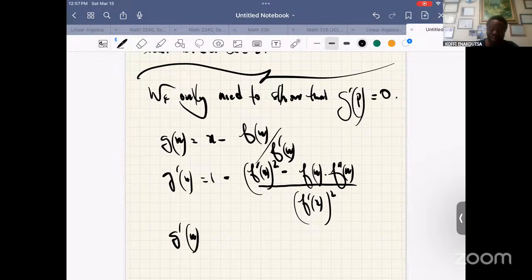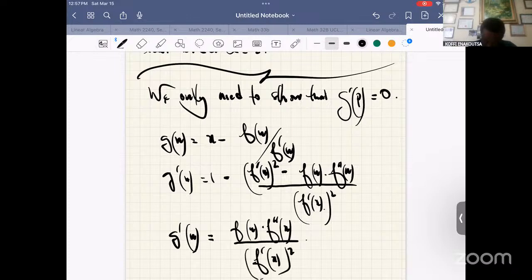And if you simplify the f prime at x squared, it becomes f at x times f second at x, divided by f prime at x raised to the square. So with this g prime of p, because f of p equals 0, g prime of p equals 0.